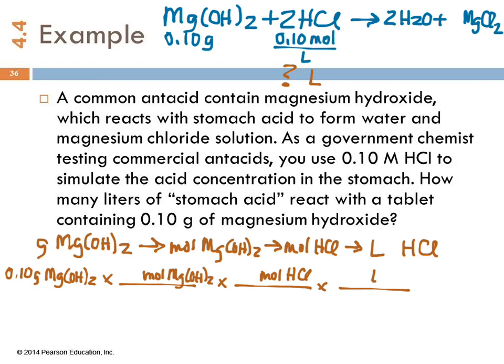And here we want to get to liters of HCl. So let's stick the numbers in. I'm sorry, not numbers yet. We didn't finish the units. Now we got all the units in.